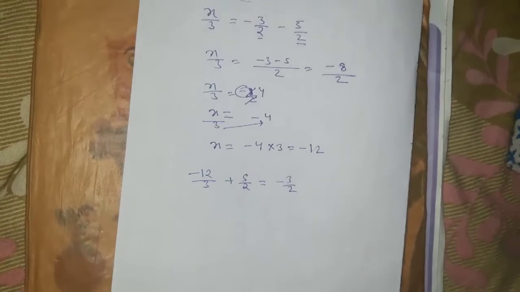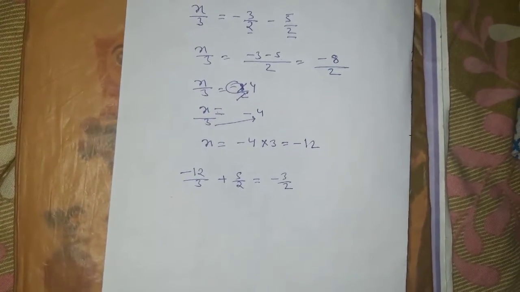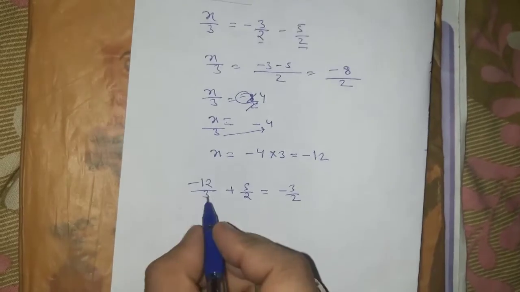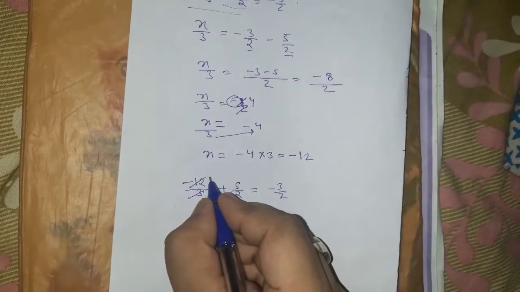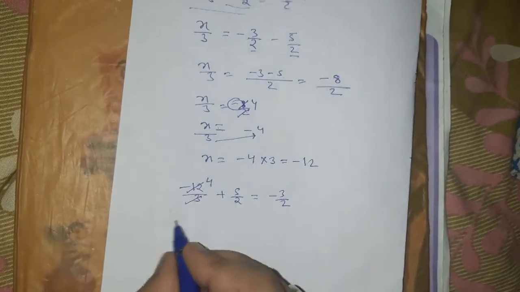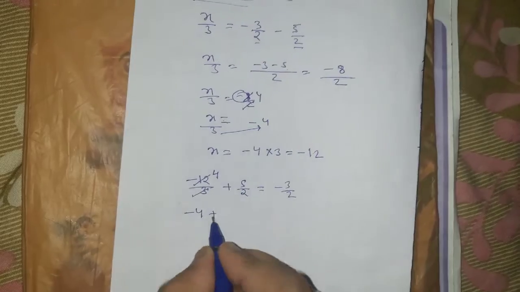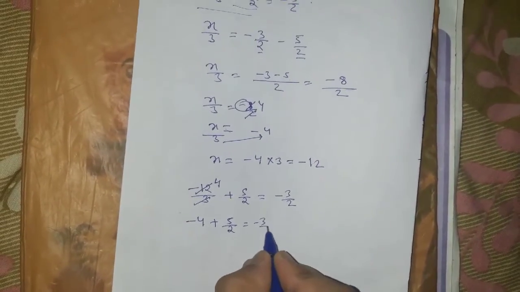We put the value of x. Now 12 divided by 3 is 4. So minus 4 plus 5 by 2 equal to minus 3 by 2.